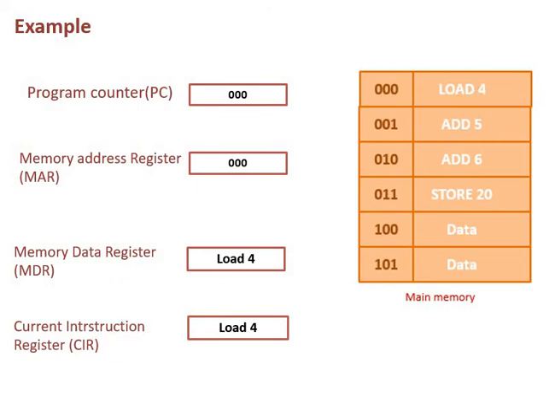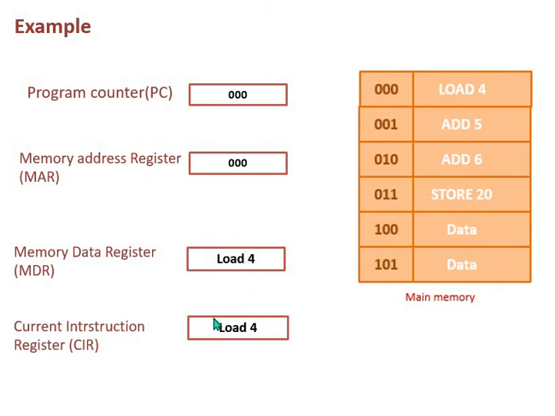Okay, now this load 4 will move to the memory data register through the data bus, and this instruction will be loaded here. Now this instruction will move to the current instruction register.